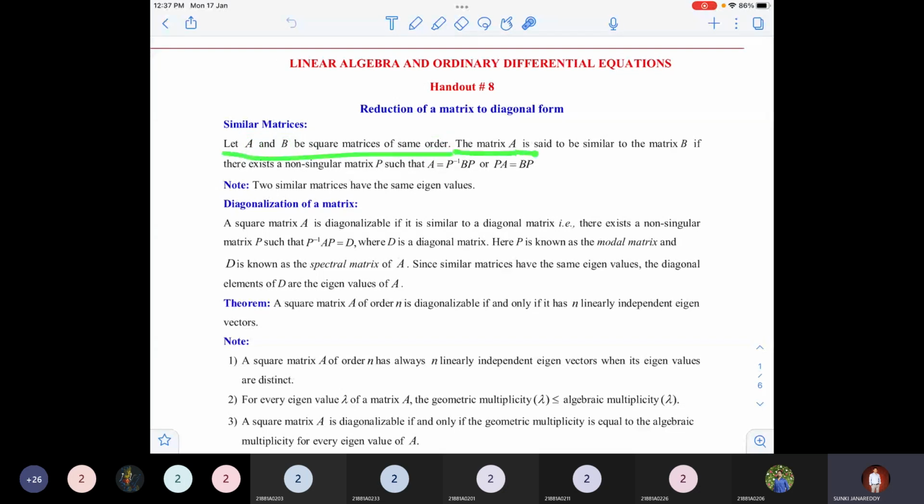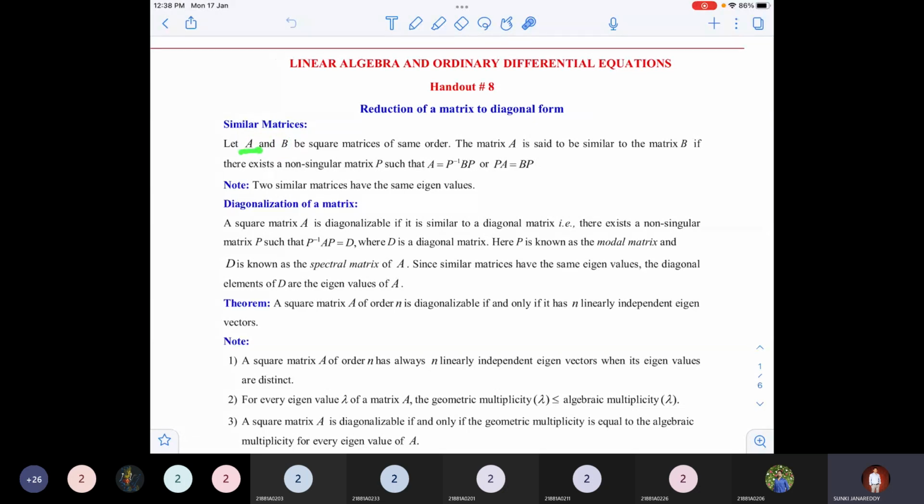The matrix A is said to be similar to the matrix B if there exists a non-singular matrix P such that A = P inverse BP, or PA = BP. If this condition is satisfied, then A and B are similar matrices.